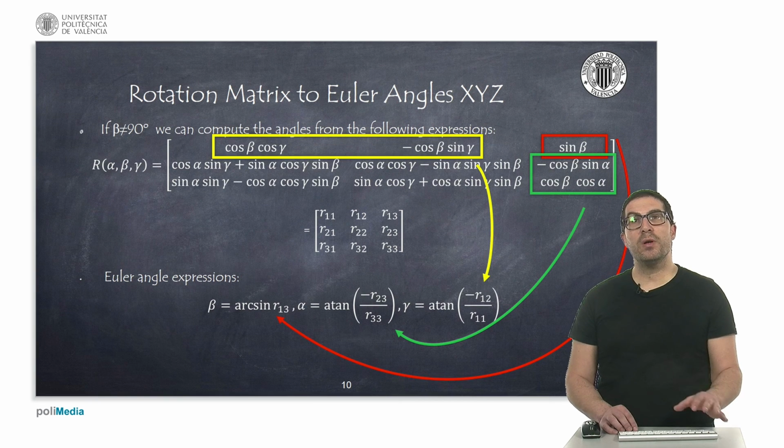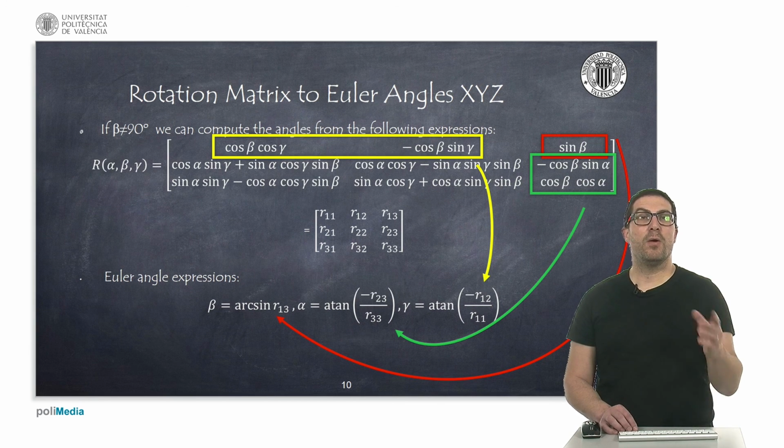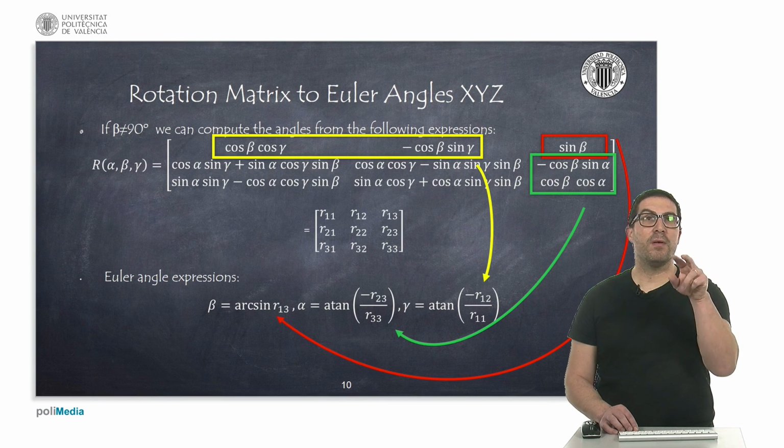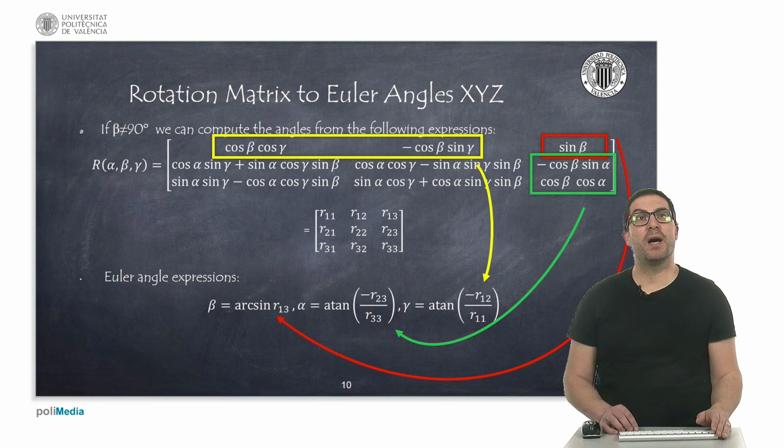We can get the other two coordinates from the first row and the last column, and this is valid as long as the beta angle is not 90 degrees, because when beta is 90, the cosine of beta is 0, and then we cannot use this expression. For alpha and gamma, we obtain them from the corresponding elements, as indicated in the expressions, by doing an arctangent of the division of two elements of the rotation matrix.